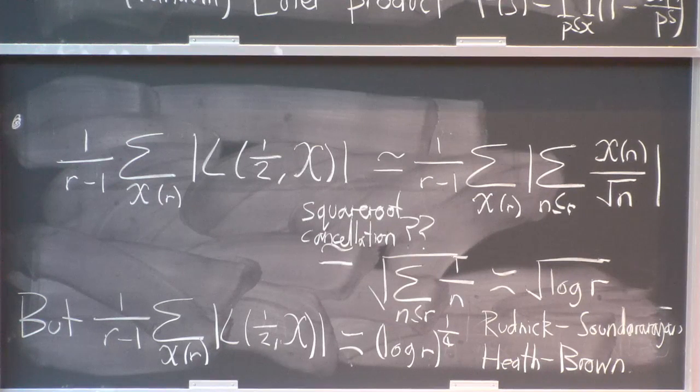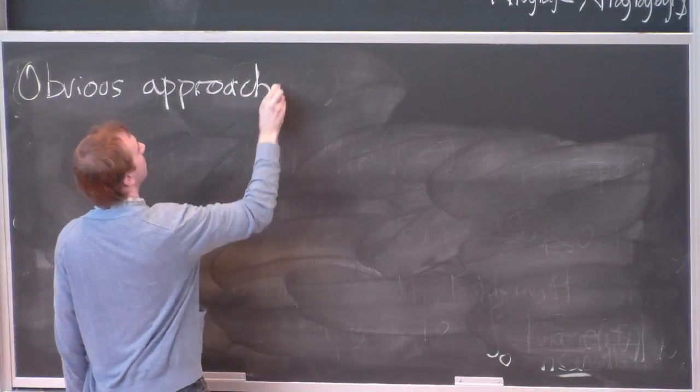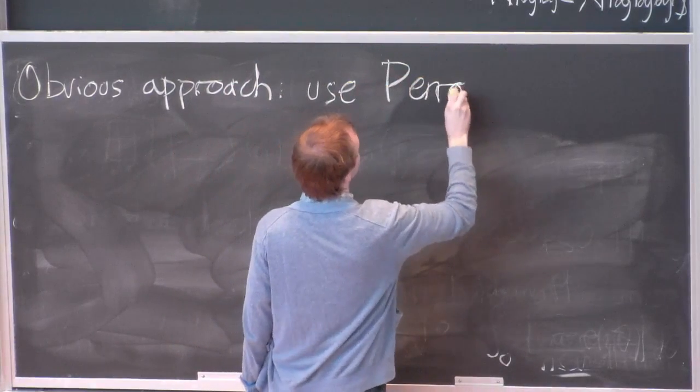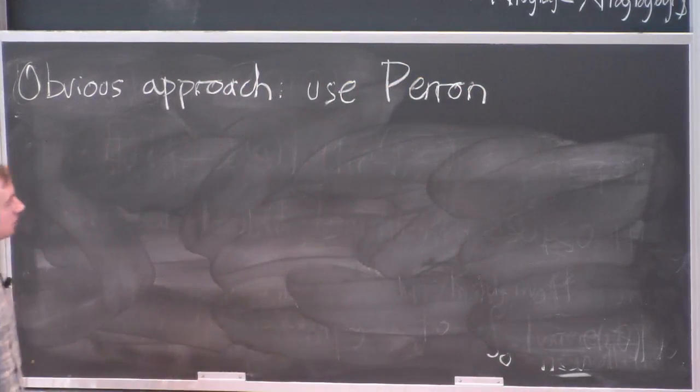Right. So I want to get the order product into play. How can I do it? So the obvious way is to use Perron.